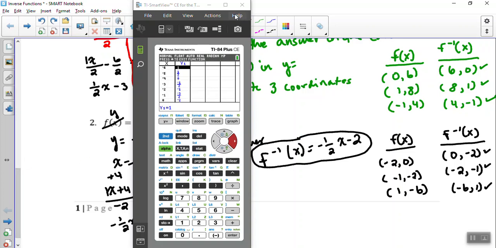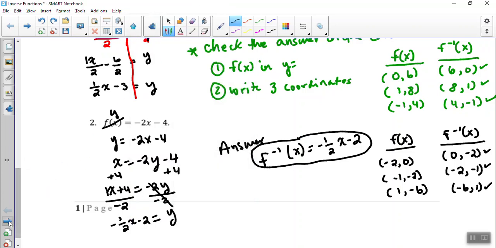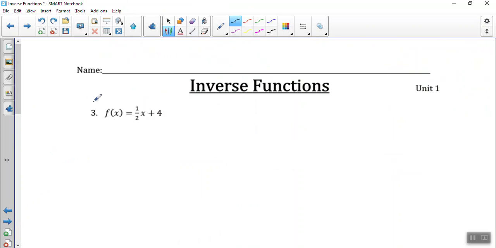Alright, now there's just one more example I wanted to go through. This one, same thing. If I'm looking for the inverse function, I am going to change this to y, go to y equals 1/2 x plus 4. Before I do anything, I have to switch these. So you have x equals 1/2 y plus 4.